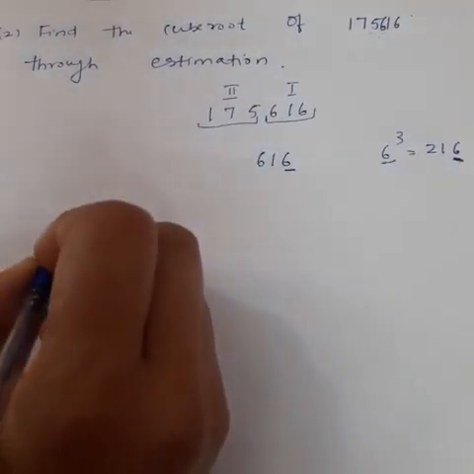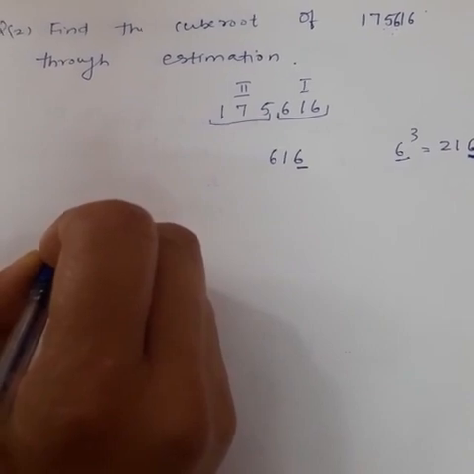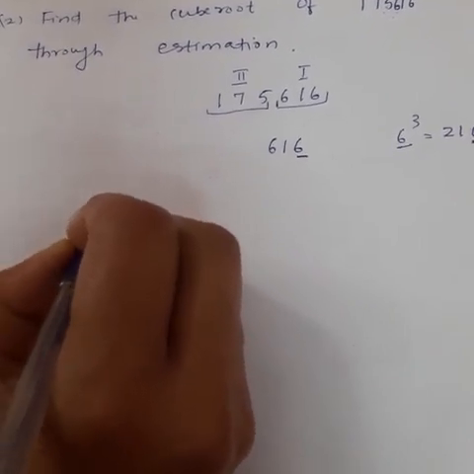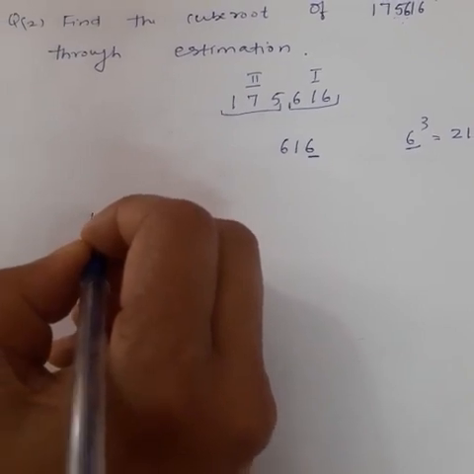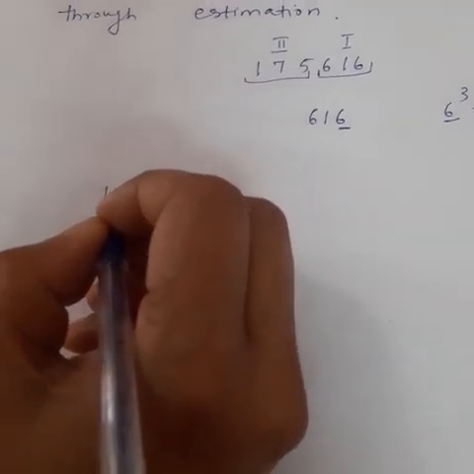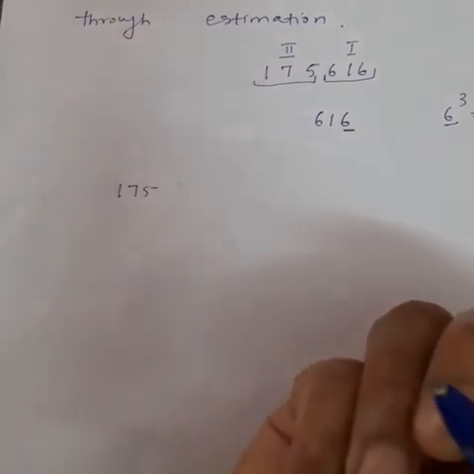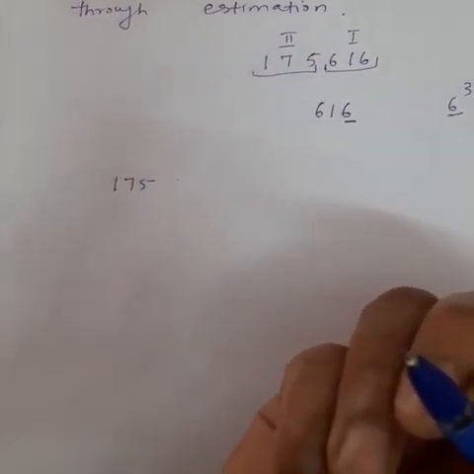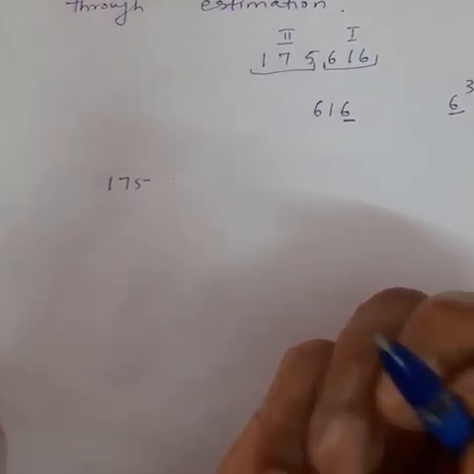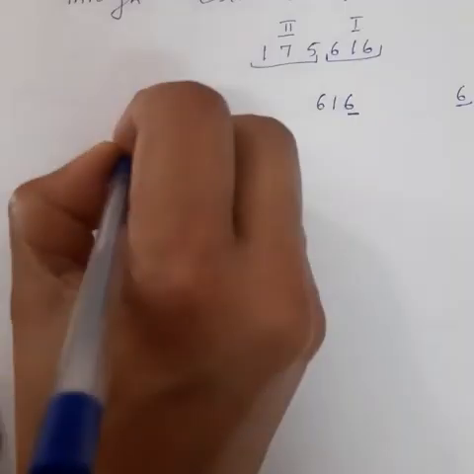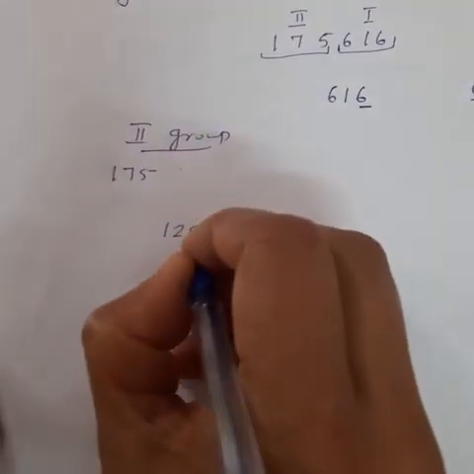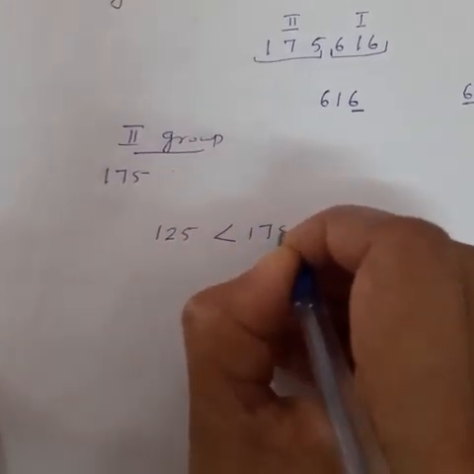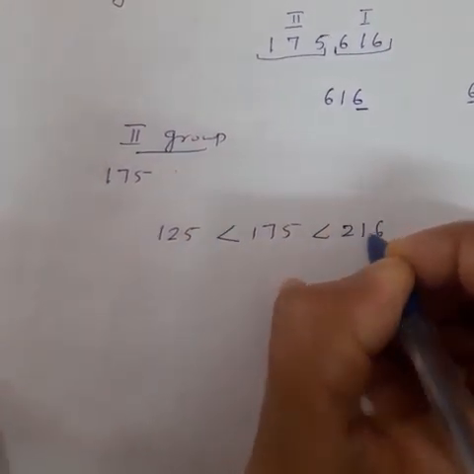For the tens place digit, let's consider the second group, that is 175. Here we have to find the perfect cubes just less than 175 and just greater than 175. We know that they are 125 and 216. So we can write, this is the second group, 125 less than 175 less than 216.